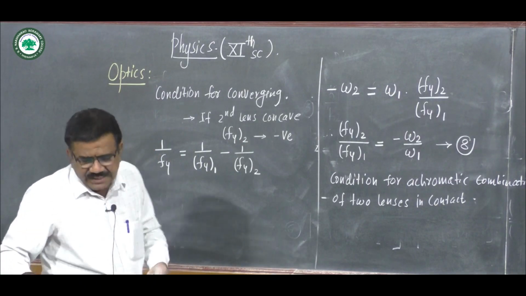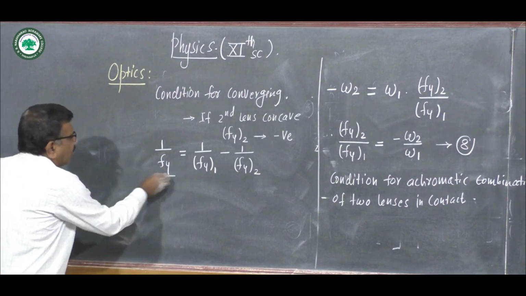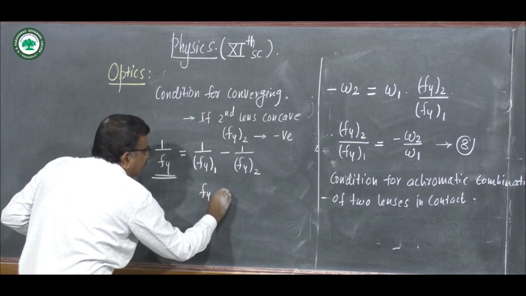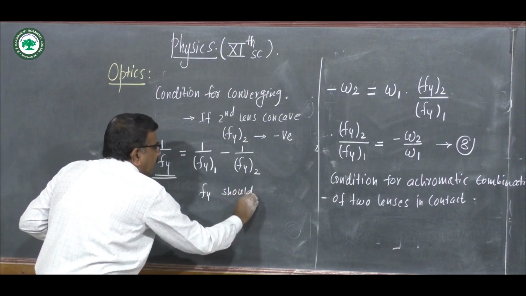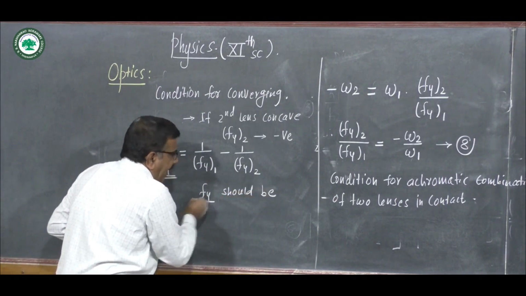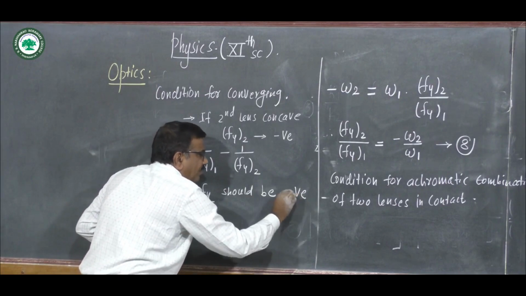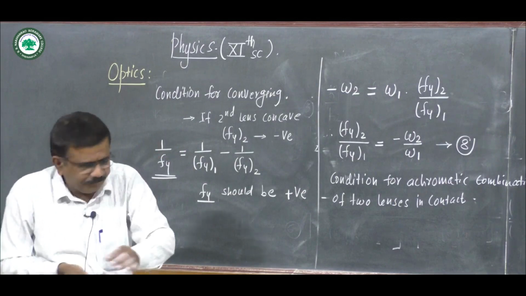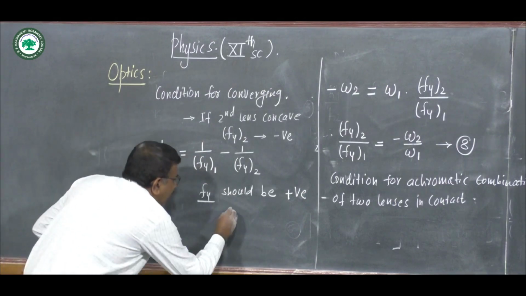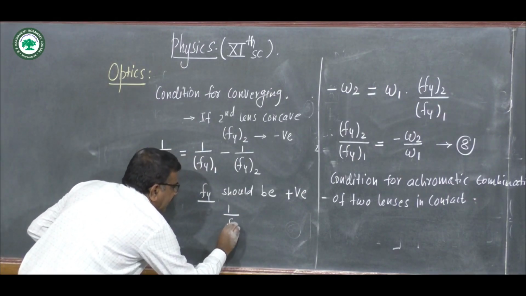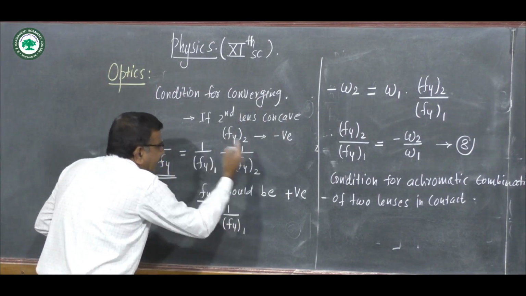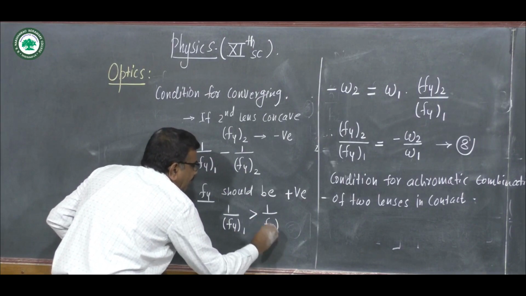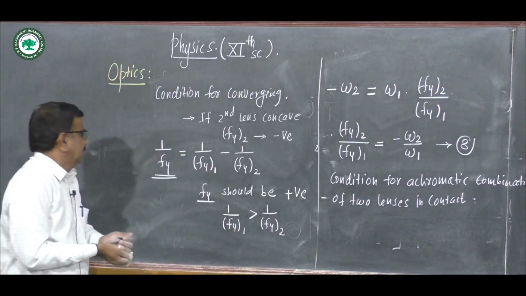For converging lens, or for the condition of converging, this Fy should be positive, and this Fy will be positive if this 1 upon Fy1 is greater than 1 upon Fy2. See, important condition.